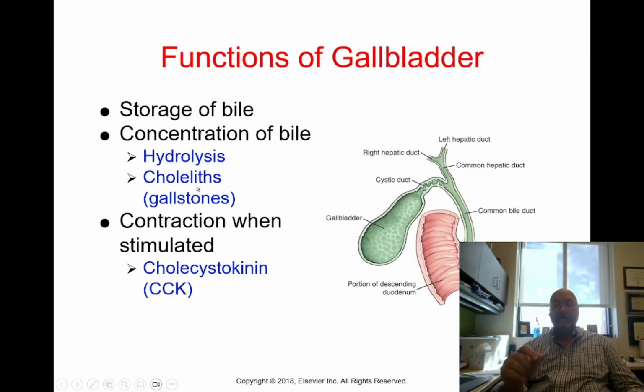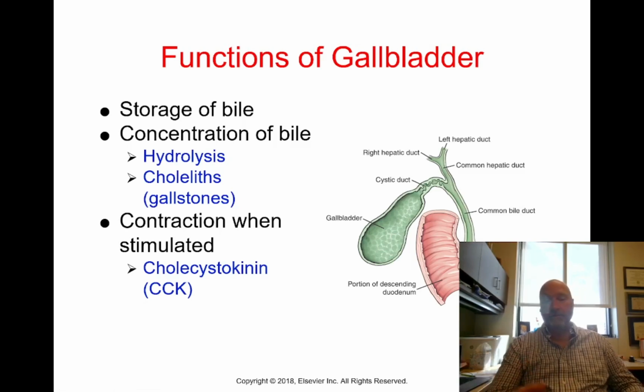Cholelithiasis, or the presence of stones in the gallbladder, is, for our purposes, probably the most common pathology in the gallbladder. There are some other things. Porcelain gallbladder is a condition where the entire gallbladder kind of calcifies. It's kind of cool to see on an x-ray, but it's pretty rare.